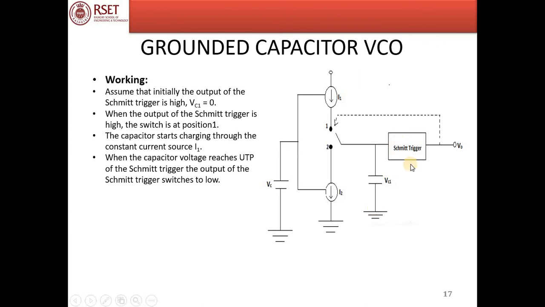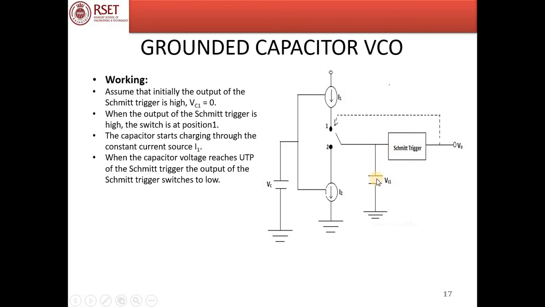So this Schmitt trigger has got a UTP and an LTP. And I said this is an inverting Schmitt trigger. So when the voltage of the capacitor, which is provided to the inverting terminal, becomes greater than the UTP, that is, the voltage at the inverting terminal becomes greater than the voltage at the non-inverting terminal, the Schmitt trigger output switches to low.